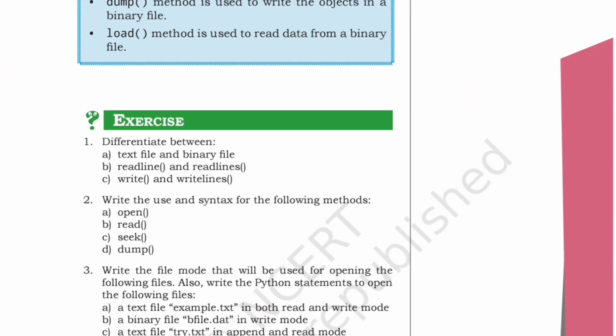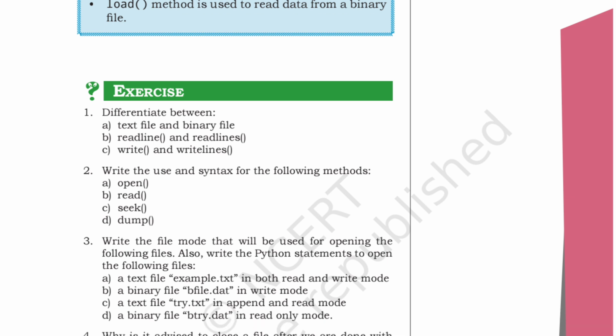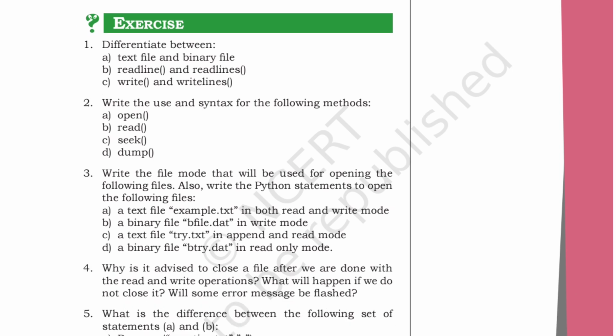This is the exercise you have to learn, that is, the difference between text file and binary file, readlines, writelines. What is write? Write is for a single string and writelines for multiple strings, that is, a list. Okay, now this is the different syntax you have to explain.